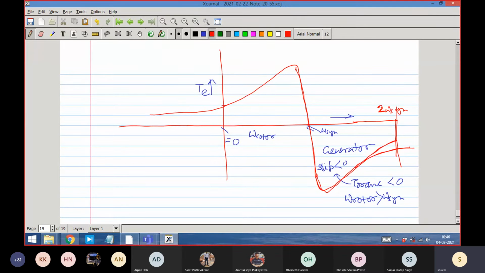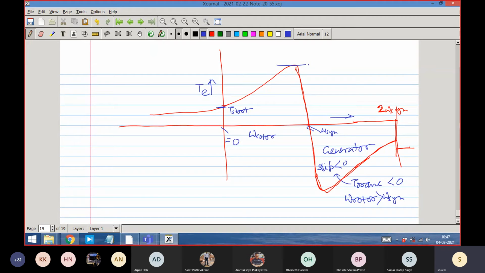Okay. So I erase this. Okay. So obviously the speed is 0. This torque is called starting torque. Obviously this is maximum.